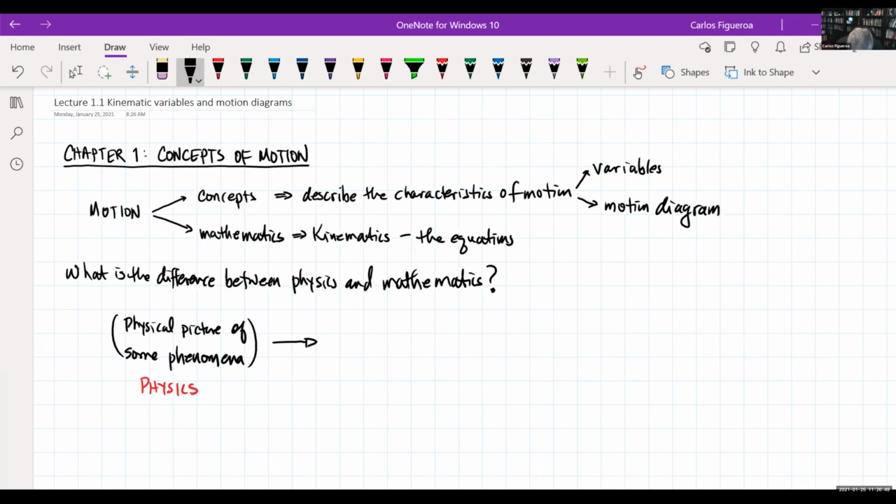So now we mathematically describe the picture in terms of behavior, in terms of the equations.